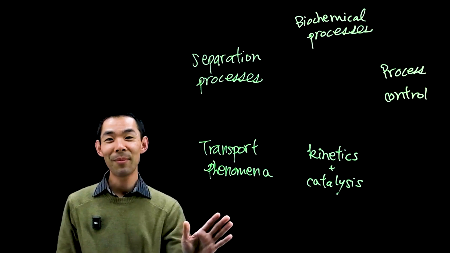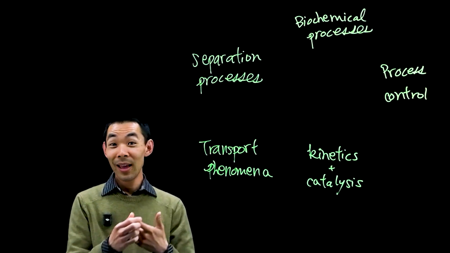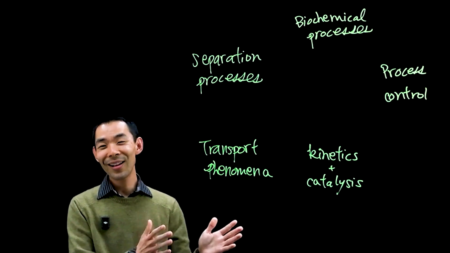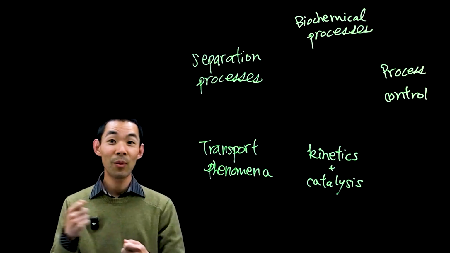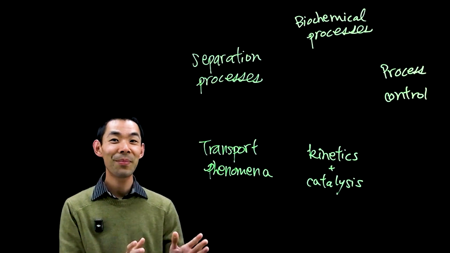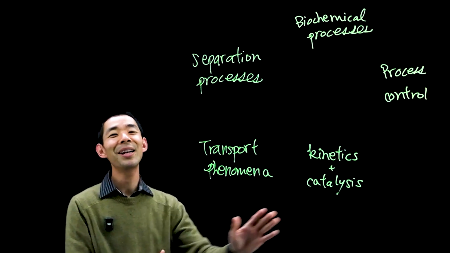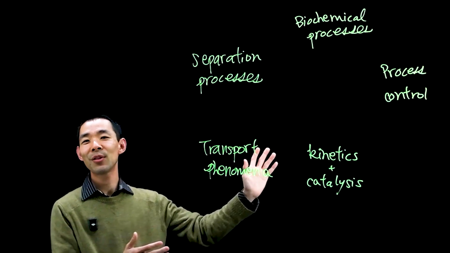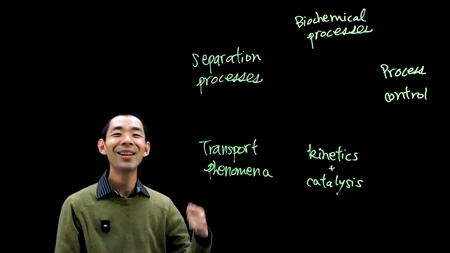Same with transport phenomena, which includes fluid mechanics, heat and mass transfer, and they all include lots of transport of energy, of mass, of momentum that are all governed by ODEs and PDEs. The same is true for chemical kinetics and catalysis, process control and feedback, biochemical processes. The list goes on and on and on.